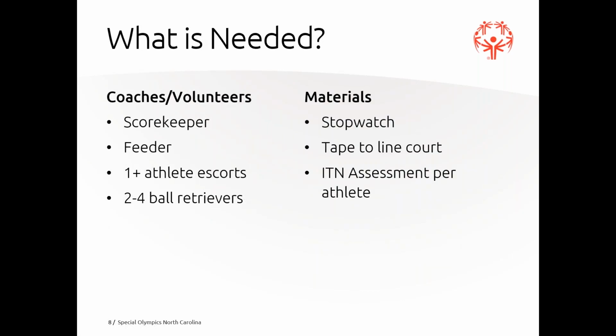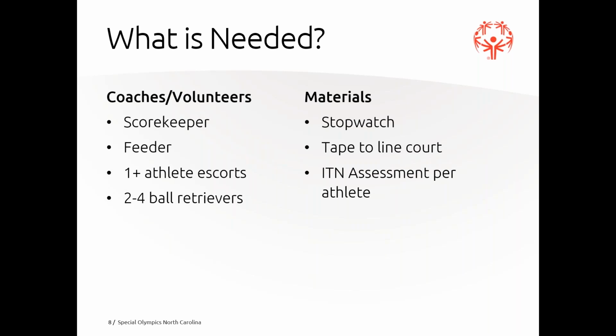So what is needed? To help with the rating, you will need a scorekeeper per court, a feeder per court, at least one athlete escort per court, and 2 to 4 ball retrievers. Also, you'll need courts lined as the diagram shows, the correct ball type for each level. So if you're using a level 4, then that will be the green dot ball, the lower compression ball.